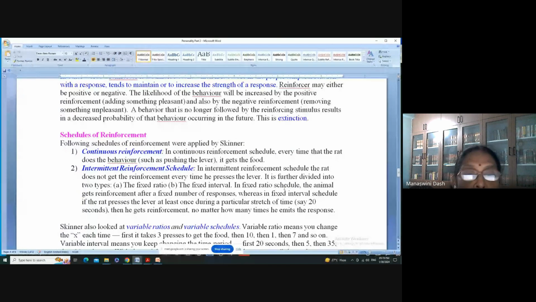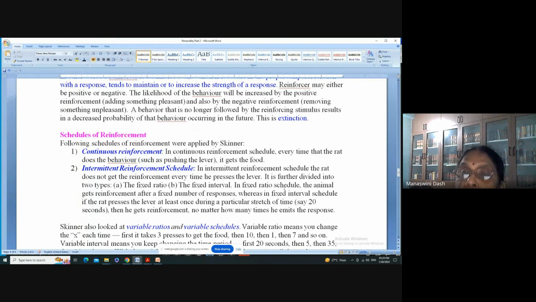Skinner also talked of several schedules of reinforcement. That means he tried to see the effect of reduction of reinforcement. Each time the animal shows a particular response, we give reinforcement.